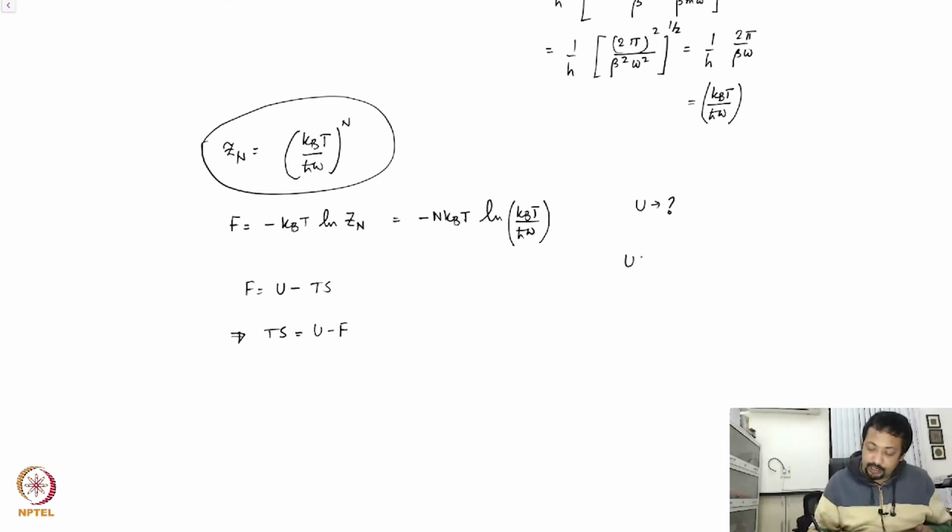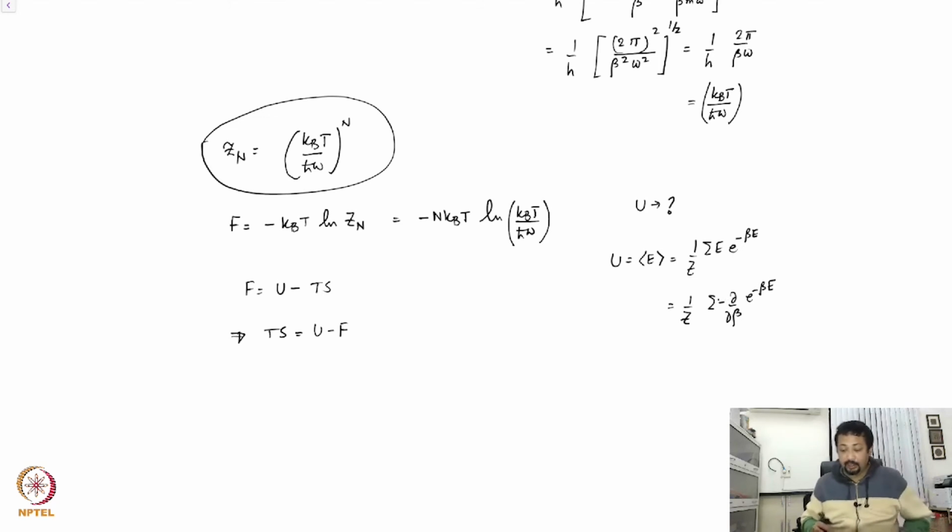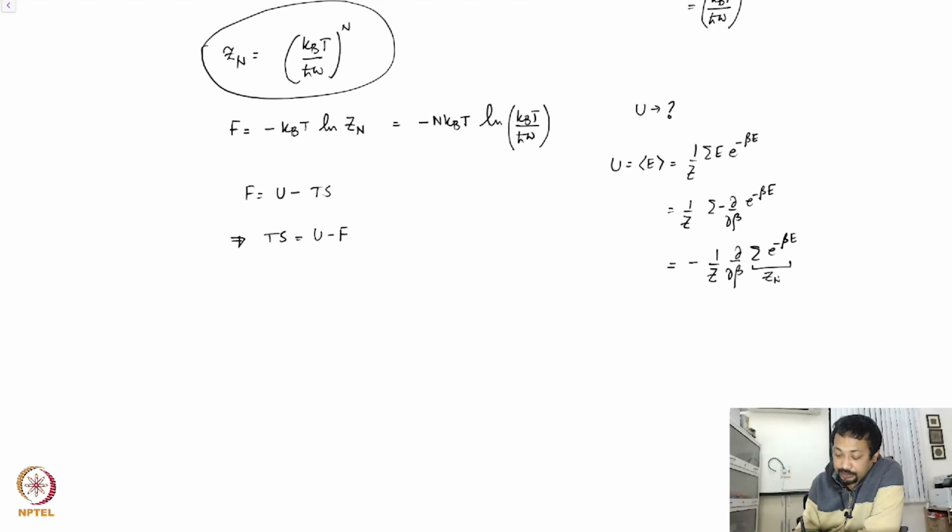As we have seen, the average energy which we identified with U, so U is equal to the average energy of the system, which was the sum over E in the canonical ensemble of E e to the power minus beta E times 1 over Z, and this means that I can rewrite this expression as minus del del beta of e to the power minus beta E, which means I have minus 1 over Z del beta of the sum over e to the power minus beta E, and this quantity is the partition function that we are looking for.